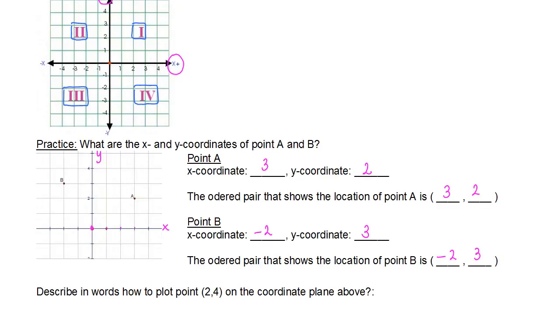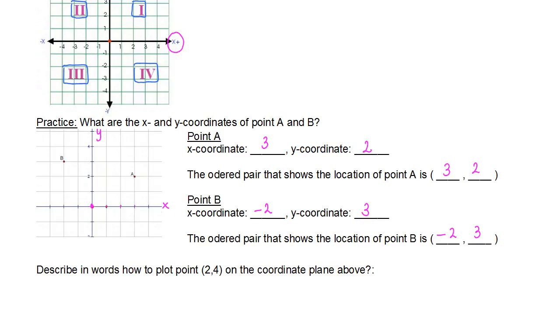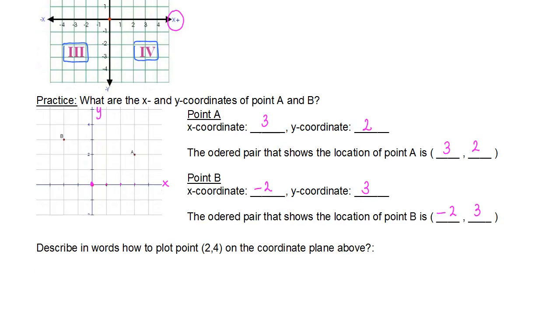Now they ask us to describe in words how to plot the point 2, 4 on the coordinate plane above. If we were going to graph this point, and we actually can, I would begin at the origin, and because the x-coordinate is positive 2, that means I'm going to move 2 units to the right.